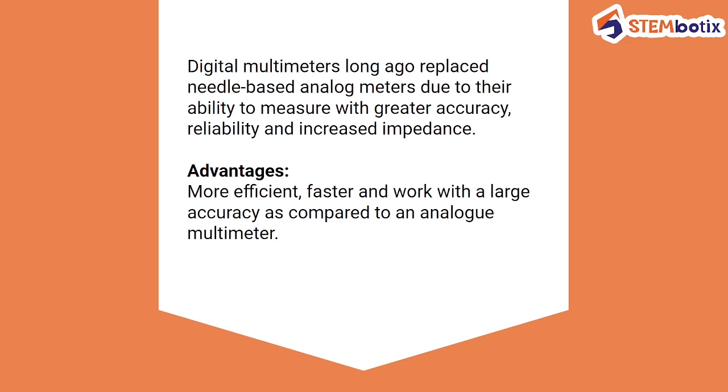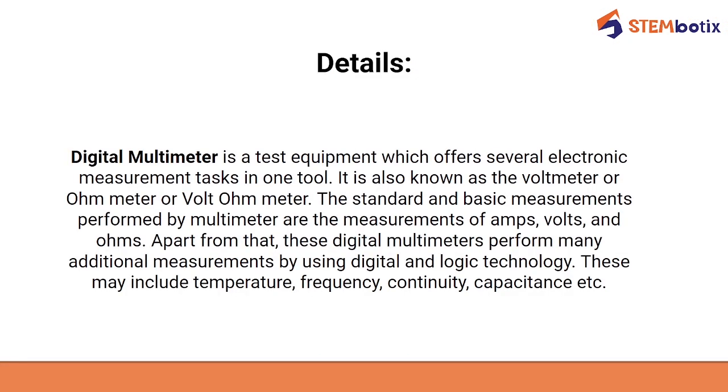Talking about the advantages, they are more efficient, faster, and work with greater accuracy as compared to an analog multimeter. Now, these are the details. These test equipments offer several electronic measurement tasks in one tool.